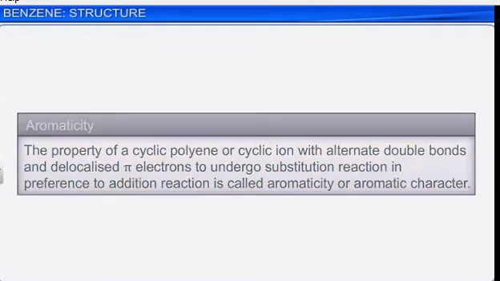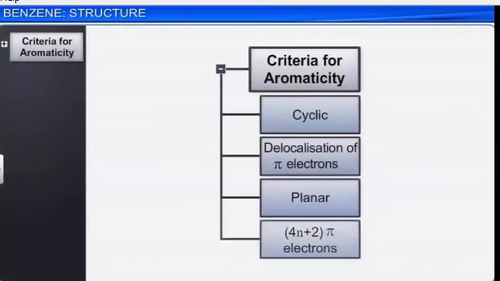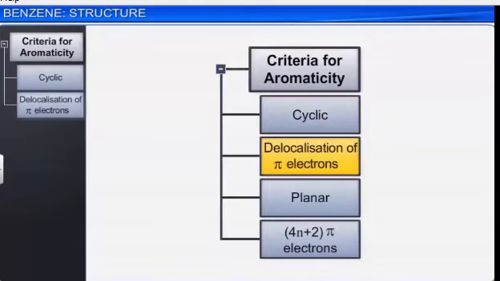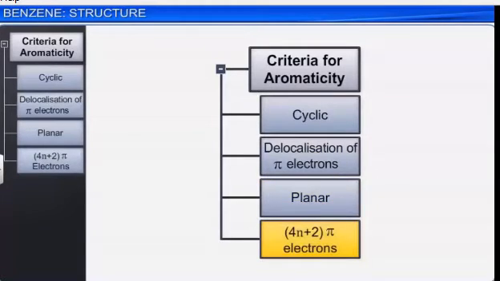Cyclic rings or heterocyclic rings or cyclic ions are said to be aromatic if they show the essential properties such as complete delocalization of the pi electrons, planarity, and presence of 4n plus 2 pi electrons in the ring. Let's discuss each in detail.